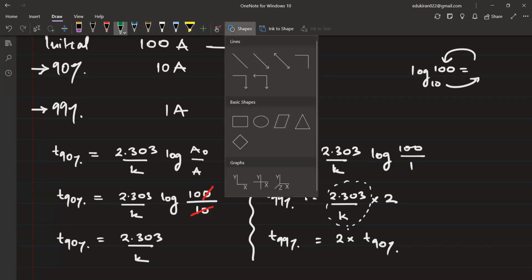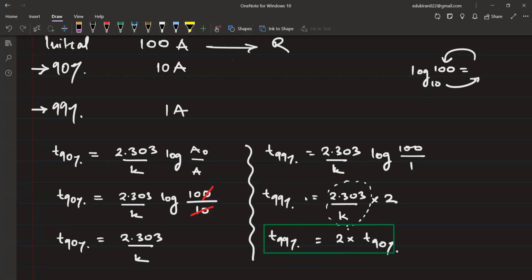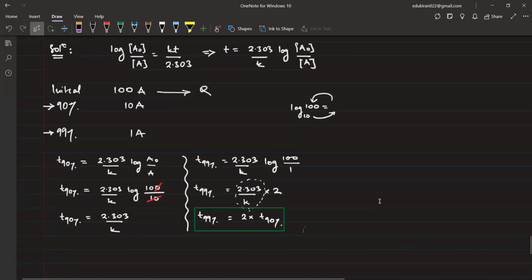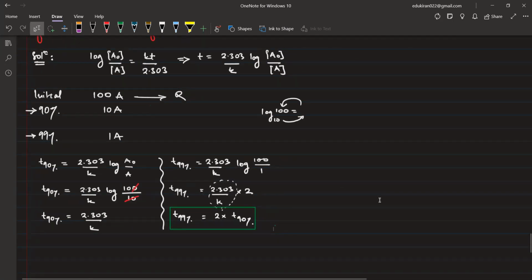So this is how you have to do it. Hence proved. For a first order reaction, t 99% is equal to twice or double the time taken for 90% completion. Please write this down.